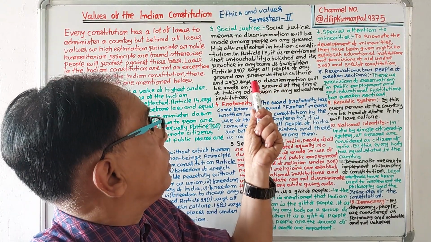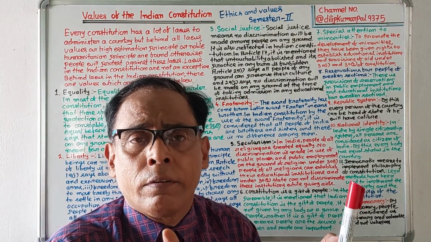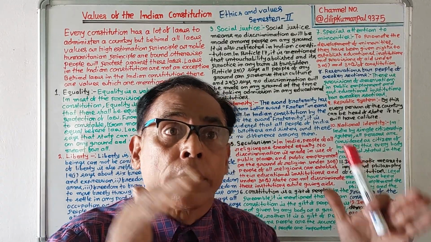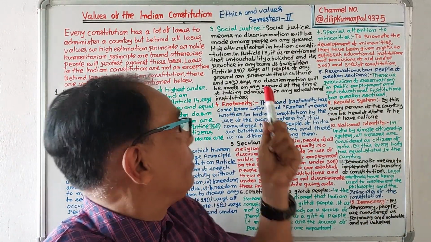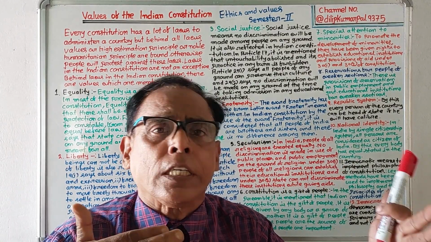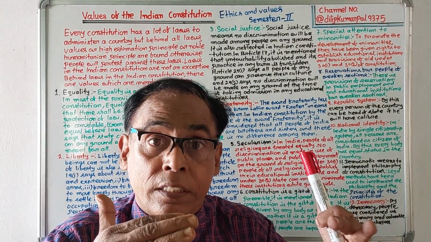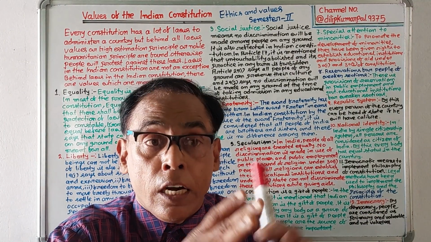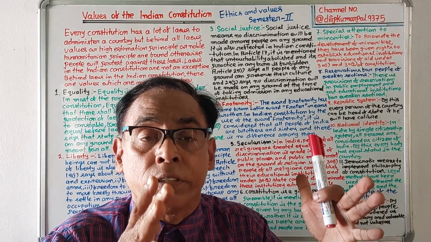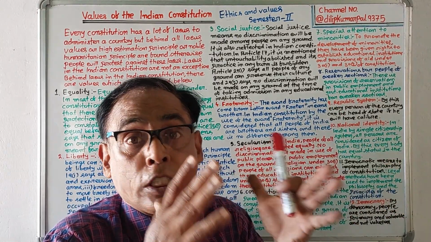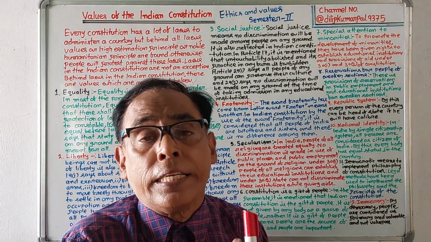Then, in Article 29 clause 1, all citizens of India of any ground can preserve their culture. In Article 29 clause 2, at the time of admission in any educational institution, there cannot be discrimination on the ground of caste, color, religion, or language. So, social justice, which is a very important value, is also found in the Indian Constitution.